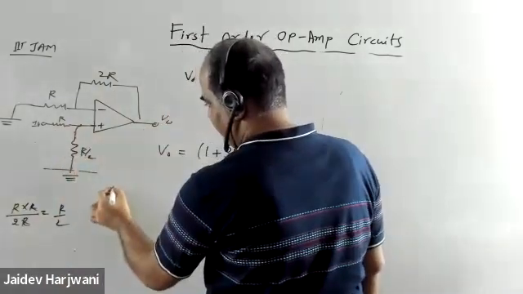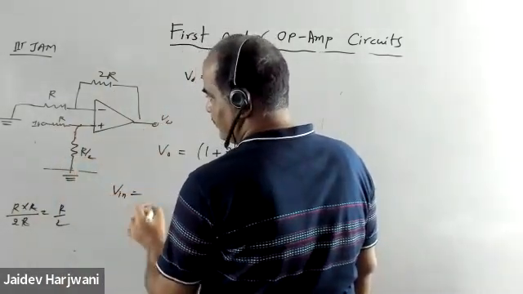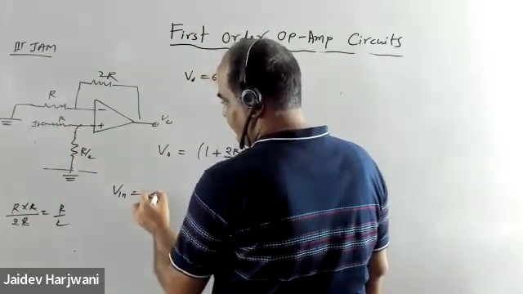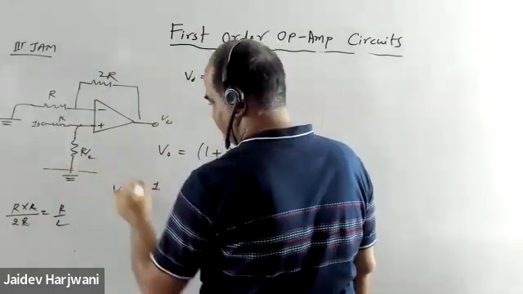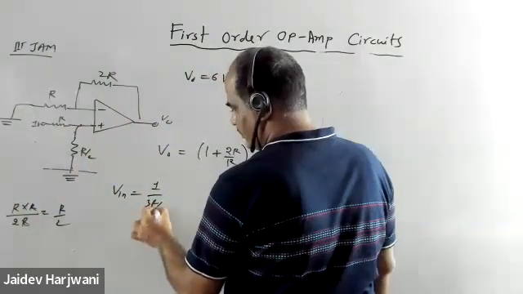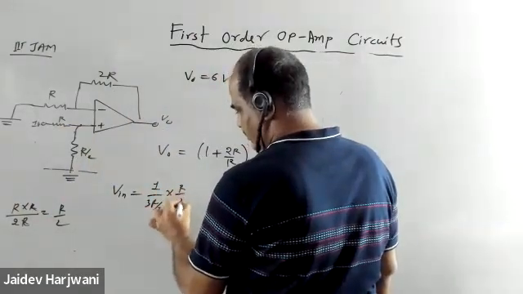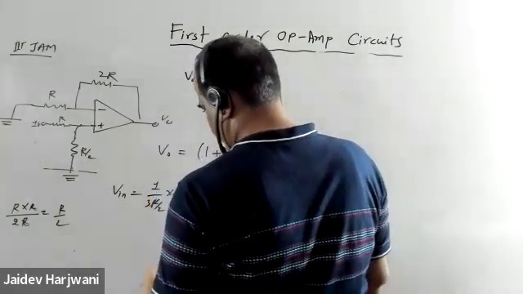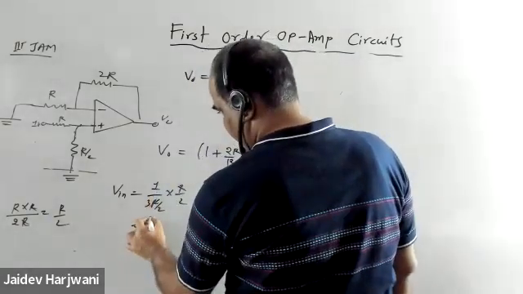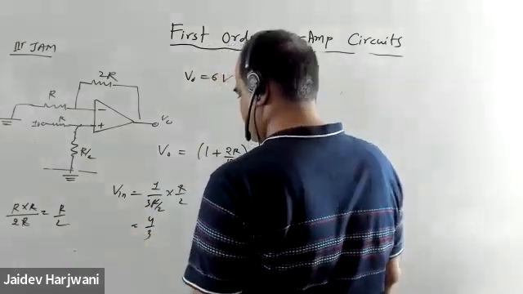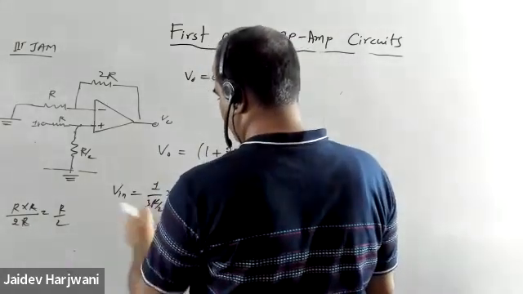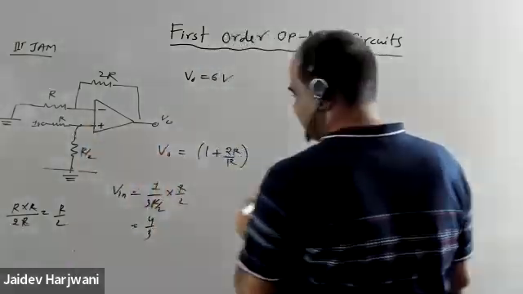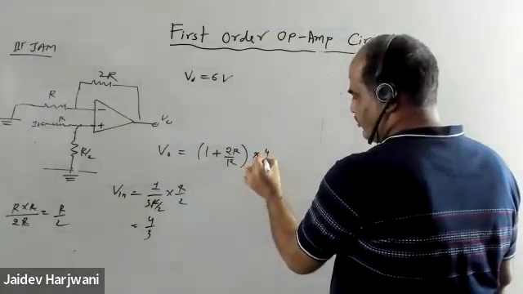So V input will be, okay, how much? 1 divided by R plus R, 3R by 2, into R by 2. So this will become, okay, how much does it become? 4 by 3. Okay, it becomes 2 into 2, 4 by 3. So because of the first I'm getting 4 by 3.